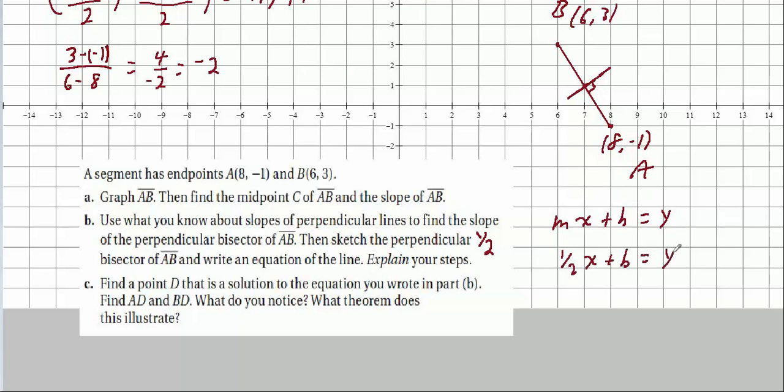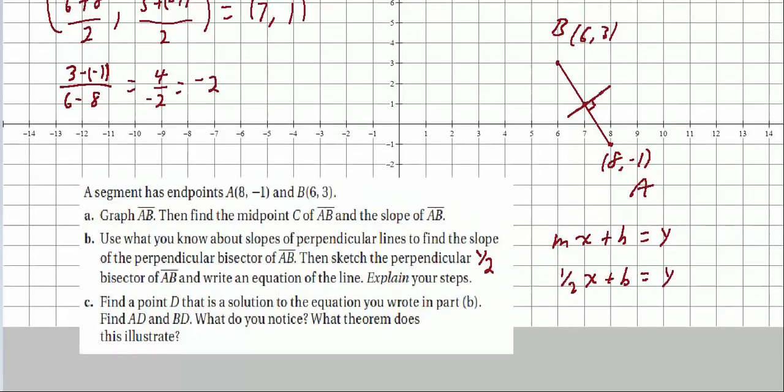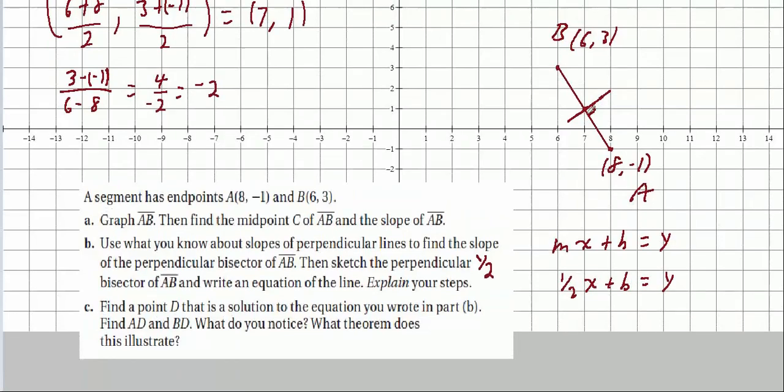Well, now all we have to do is find some point on this line, plug in the x and the y, and solve for b. Now what do we have for a point on the line? How about our midpoint? That was over here, 7, 1. So if I put in 7 for x here and 1 here, then I'll get that b equals 1 minus 7 over 2.